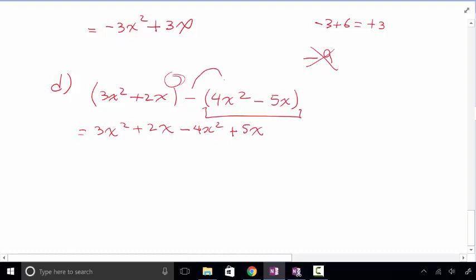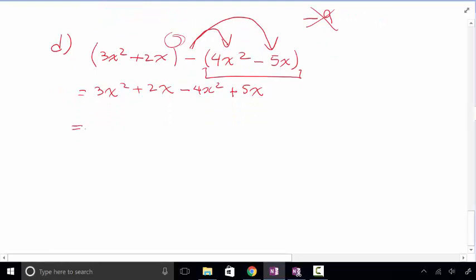So that negative applies to everything inside. The positive applies too, but the positive doesn't change anything, does it? So we didn't need to care too much about it in the top example. But the negative does change stuff, so you need to apply it to everything inside the bracket. We'll talk more about that on Monday. So what do you get as the answer?